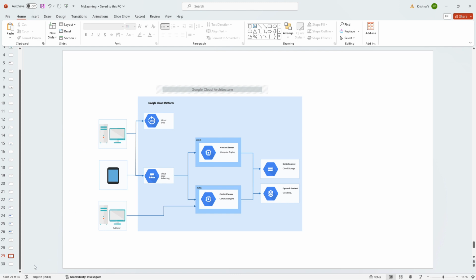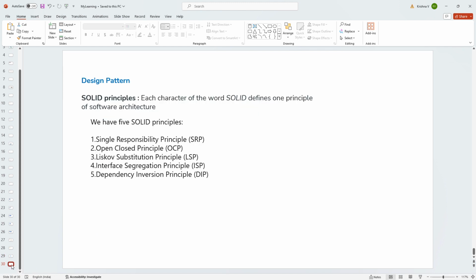This is about the software architecture. Now it's time to understand design patterns. For now, I'll just go through one design pattern, and maybe in the next sessions we'll go through coding and do the design patterns in parallel. The first design pattern I'm going to talk about is SOLID principles.